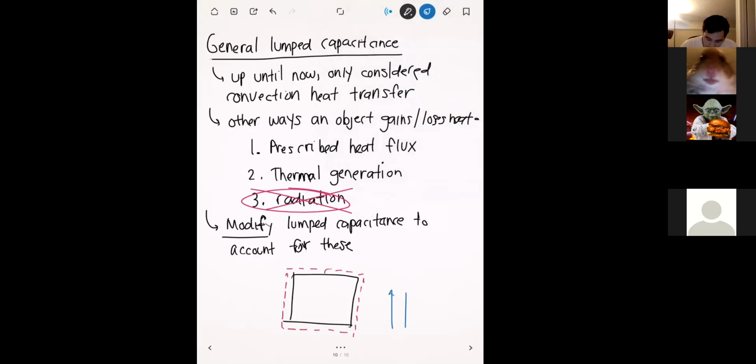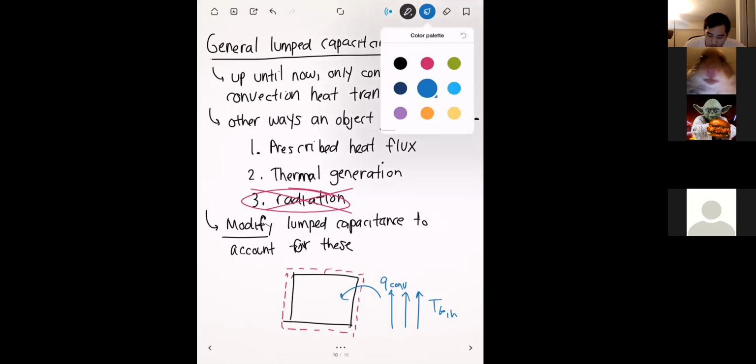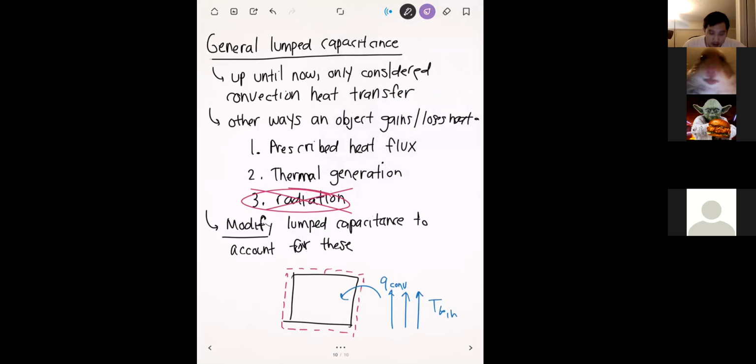So let's say we have a fluid out here. From convection, we will have heat transfer into the object or out, and we've seen that before. But in addition to this, you could also have thermal generation.